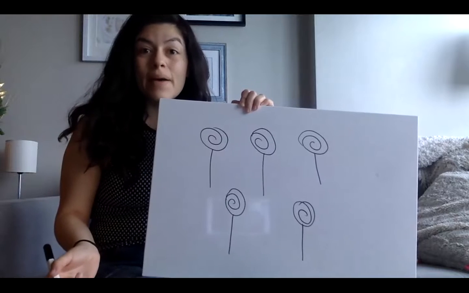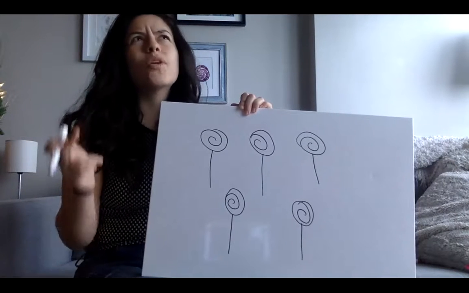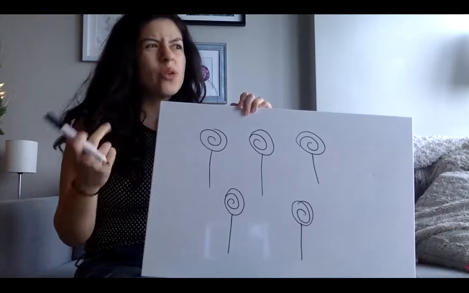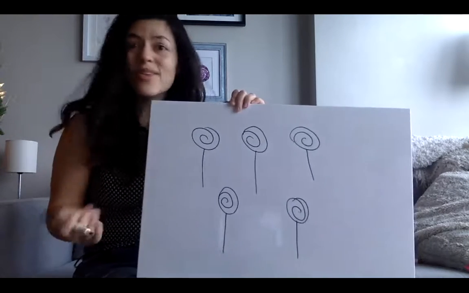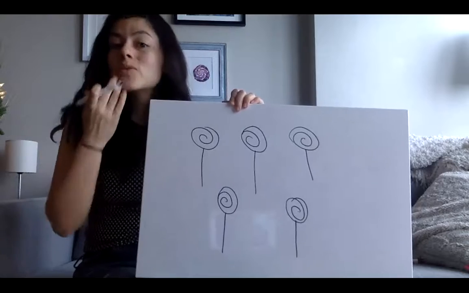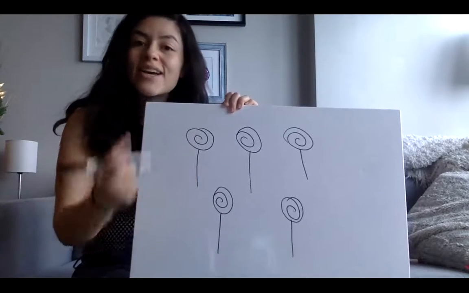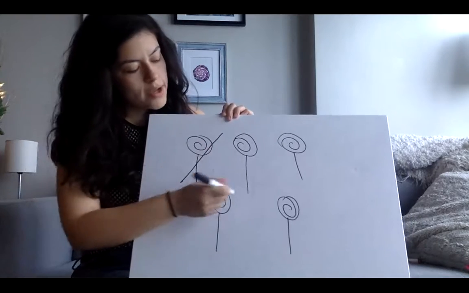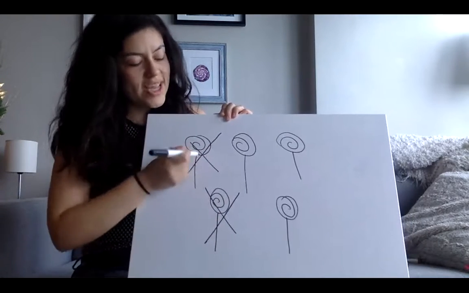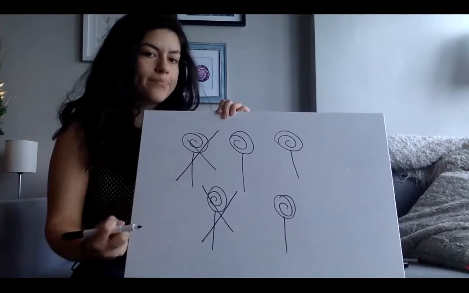Then Annabelle ate 2. So when you're eating something, are you getting more or are those things disappearing? That's right, they're going away, they're disappearing. Once you eat something, it's in your tummy, it doesn't exist anymore. So we have to take those 2 away. So I'm going to cross out 1 and 2. Because she ate 2, they're no longer there. This is the part we're taking away.